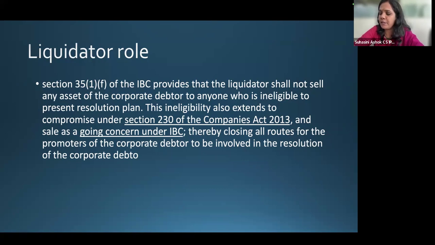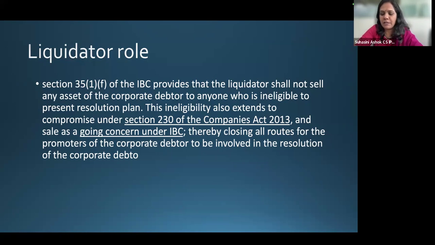The RP and liquidator have to ensure and keep this as an important point in focus. Even when a person is ineligible to submit a resolution plan and is disqualified, but that person wants to come and submit a Section 230 compromise arrangement, or wants to participate in liquidation, then he is ineligible.